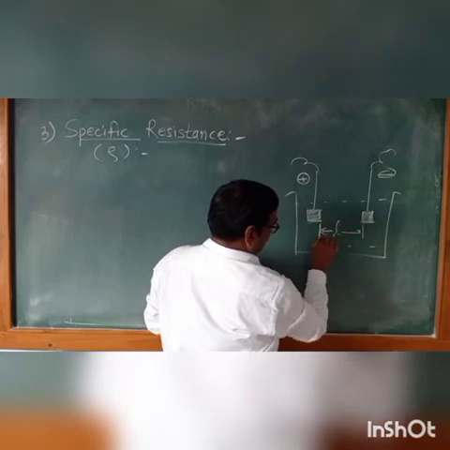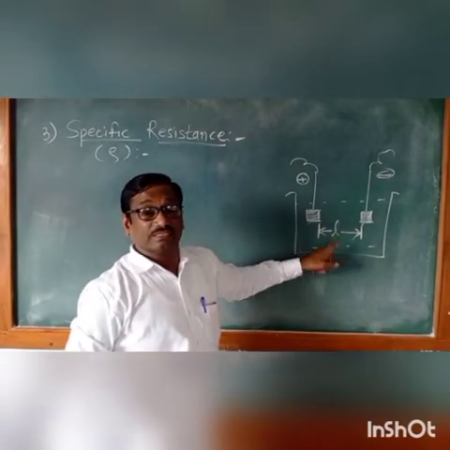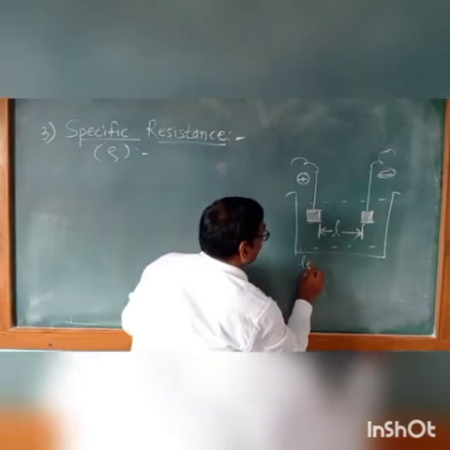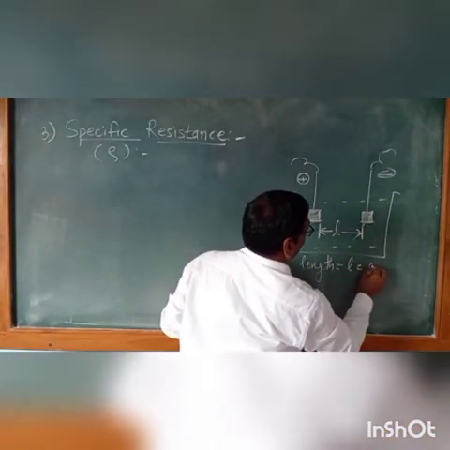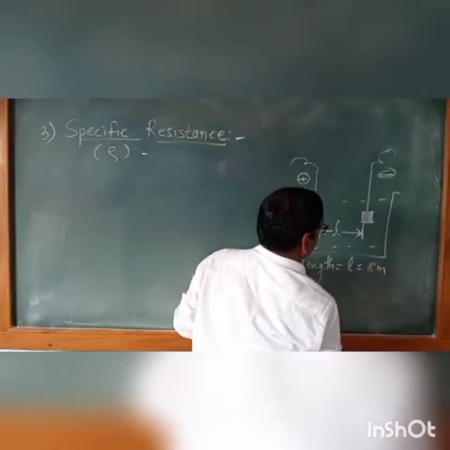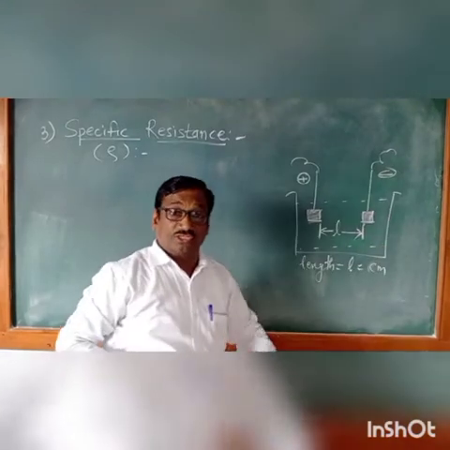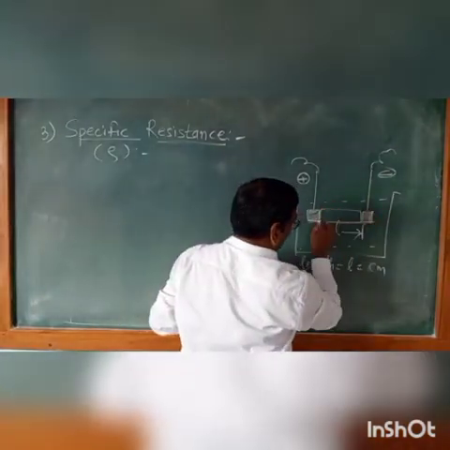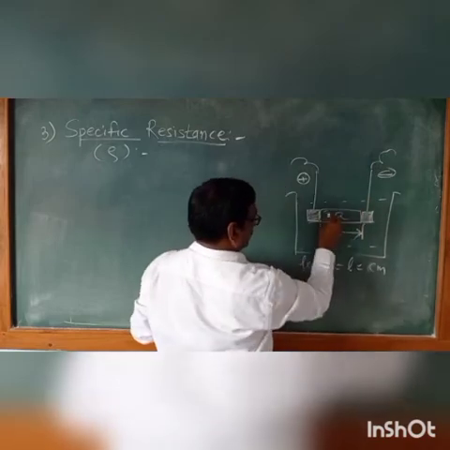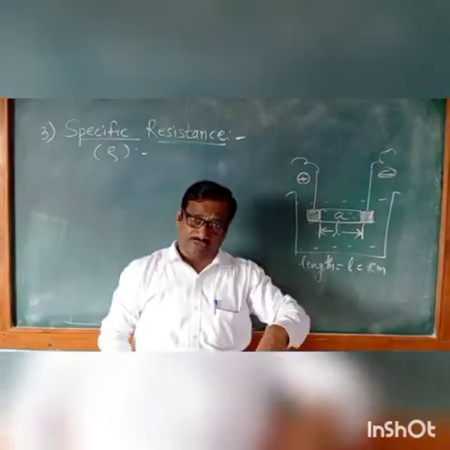The length of the conductor is L centimeter. The electrolyte solution is a good conductor, and this is the cross-sectional area A of the conductor, which contains the positive ions and negative ions.